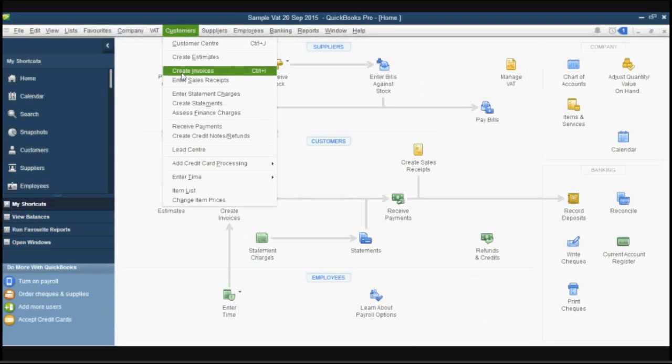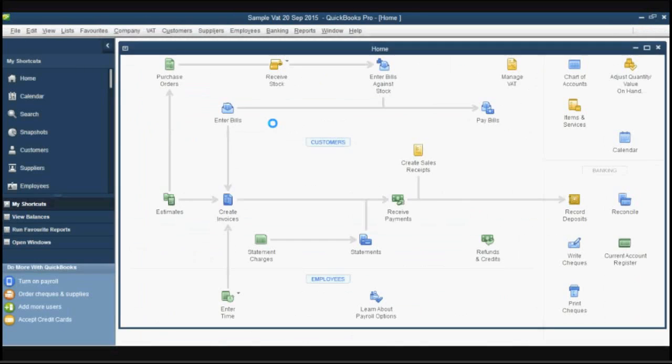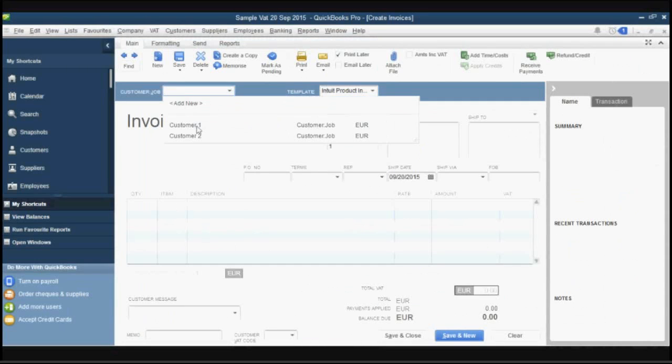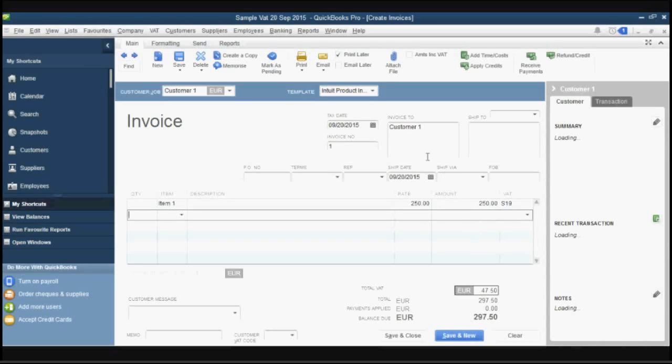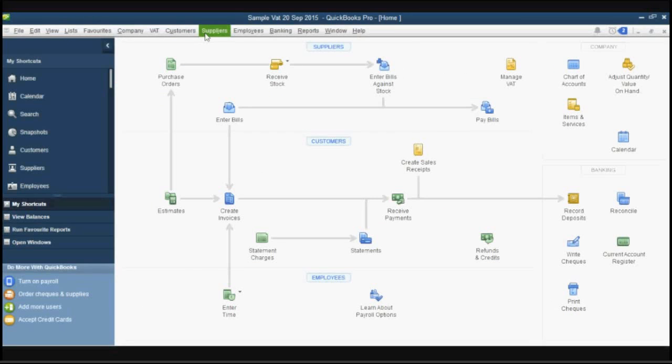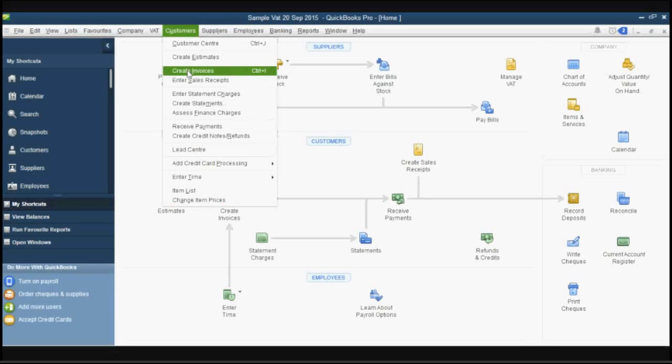Now we sell item number 1 to customer number 1. We find item number 1. We sell this for 250. The rate is 19%, so customer 1 needs to pay us the total amount of 297.5 euros. Now we move to our third transaction, the provision of accounting services.